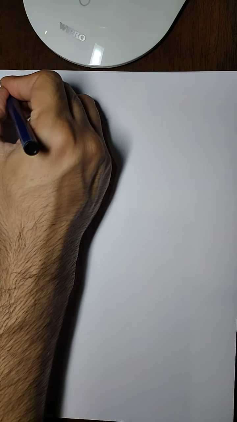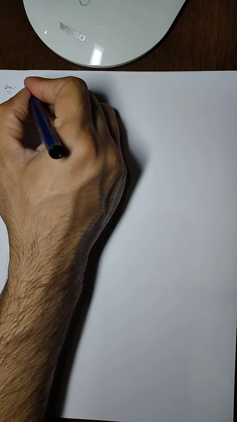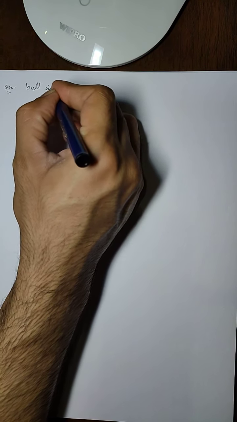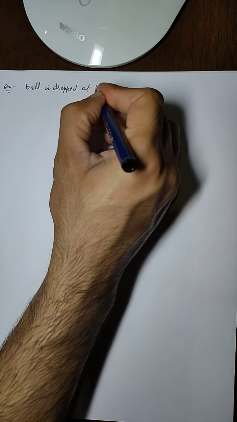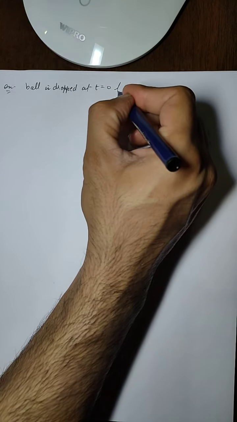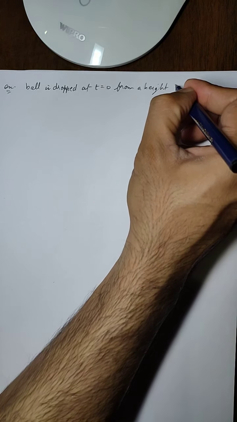Now let us take another example. Let us say that a ball is dropped at time t equals 0 from a height h.